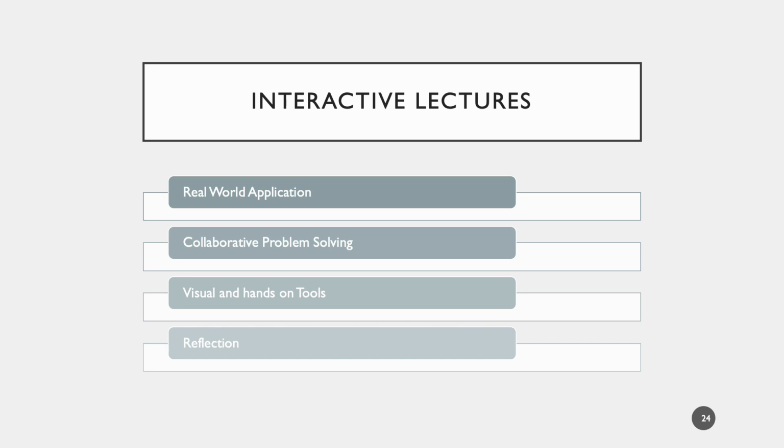This is what makes a lecture interactive. An interactive lecture doesn't rely on passive note-taking. It incorporates real-world application through case studies, collaborative problem solving, visual, hands-on tools like Poplet or simulation, reflection to deepen meaning, and the freedom to connect theory to personal practice.